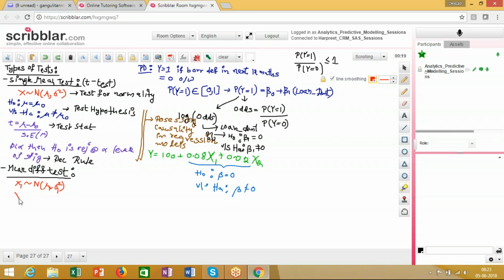Similarly, x2 follows a normal distribution with mean mu2 and variance sigma 2 square.